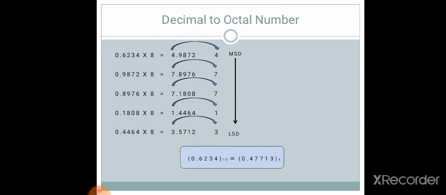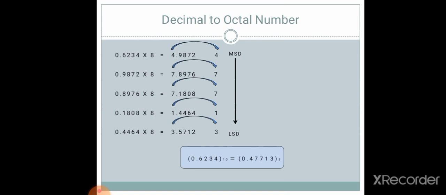So now this is the fractional number. So your MSD will appear at the top and your LSD will appear at the bottom. You have to copy your answer from MSD to LSD. So in here you have to copy your answer from top to bottom. So your answer will be 0.47713, right?